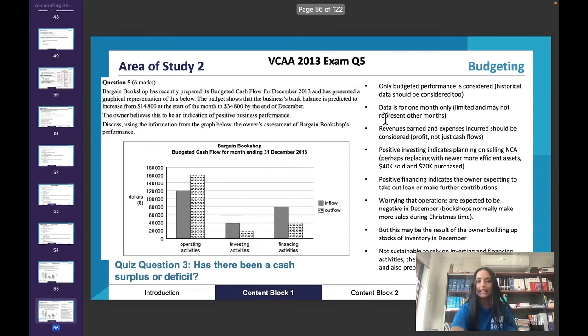Okay, so in this case, there has been an overall cash surplus of $20,000.